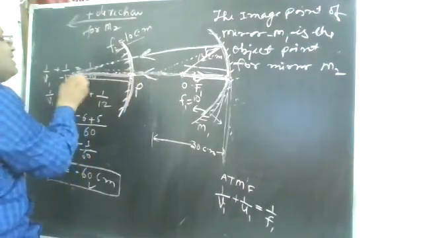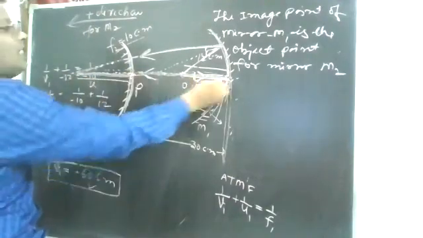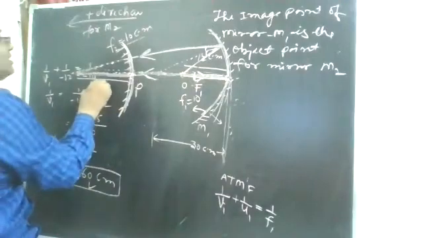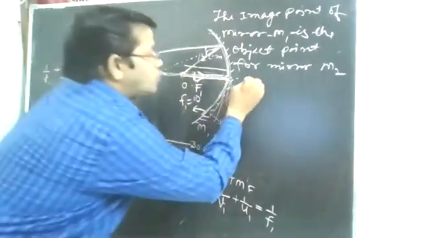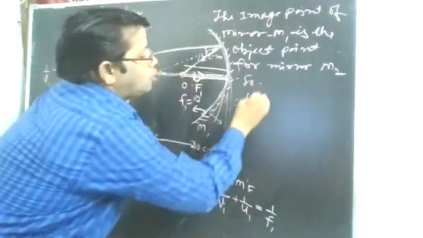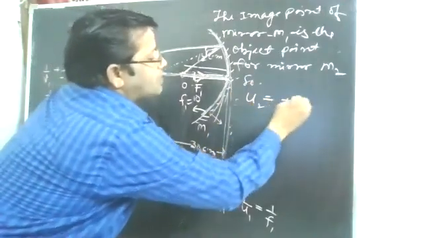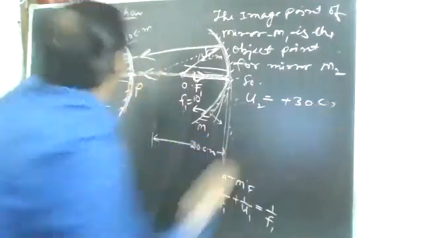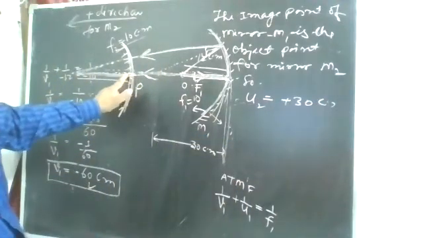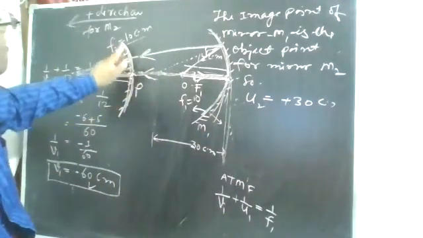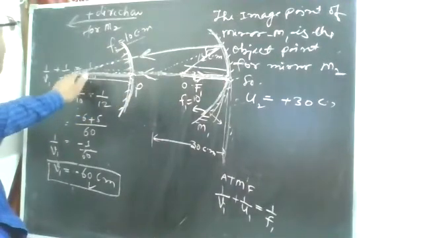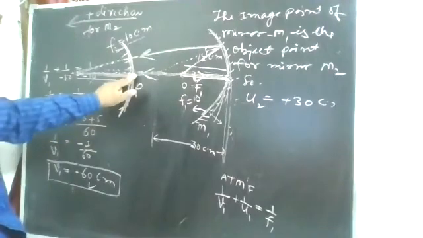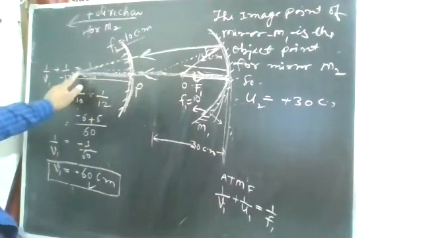Now, what is the object distance? U2 is plus 30. Why plus 30 centimeters? Because we always take the distance from the pole, and this is the object for mirror M2, and this direction is in the direction of the incident ray.